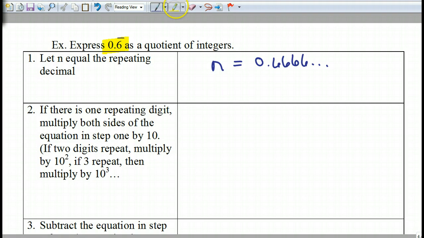The second step is, because there's only one repeating digit on this, we're going to just multiply it by 10. But if there were 2 repeating digits, like 0.636363, we're going to multiply it by 10 to the second, which is 100. If there were 3 repeating digits, it would be times 1,000, and so on.